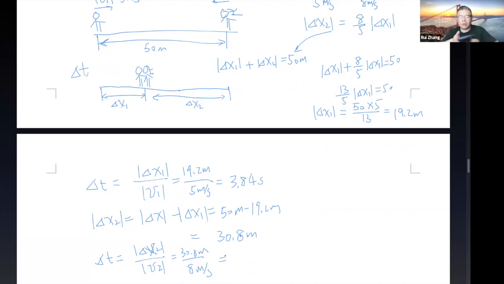This is a way to check whether it's self-consistent. You got 3.85. There's a 0.01 second difference, but this is mostly due to rounding issues. There's a little uncertainty in the last digit, but other than that, it's the same.